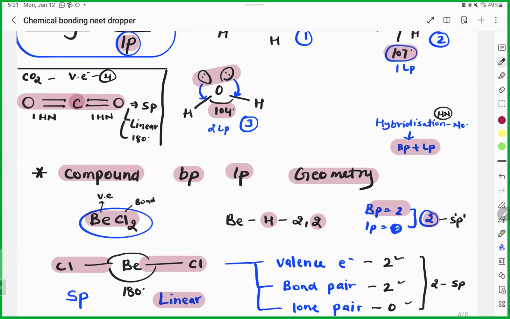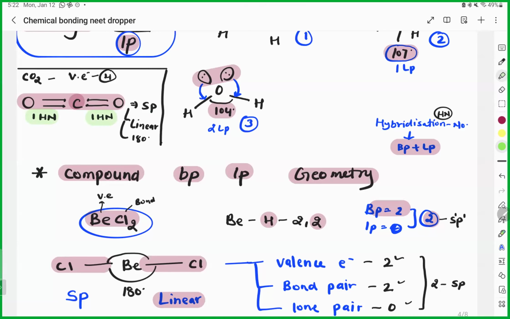Ask me, guys, any doubt? Hybridization number will be 2 because every bond between two atoms will be considered one hybridization number. Okay, and one interesting thing I want to tell you: there is no concept of hybridization number in your chemistry subject.